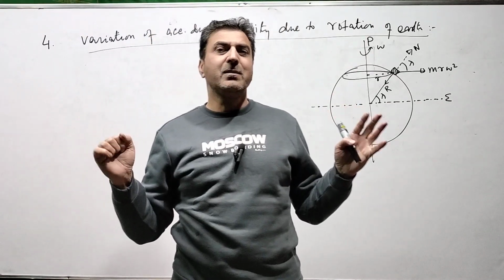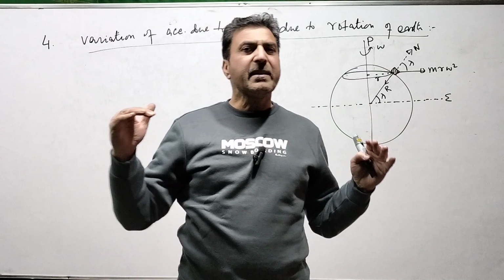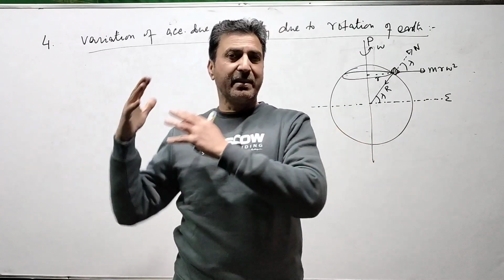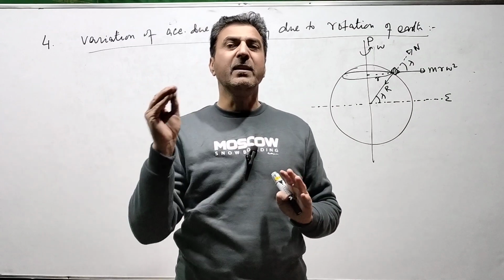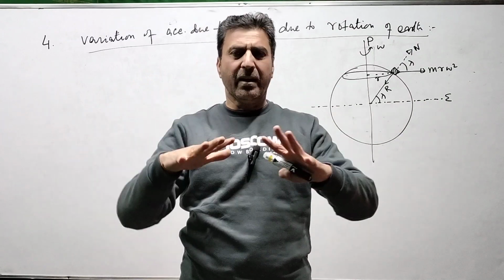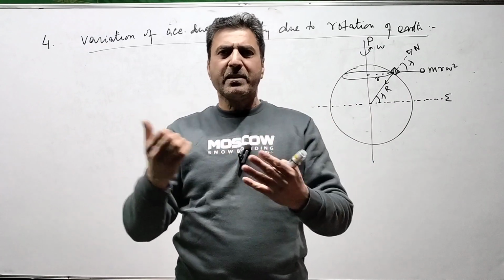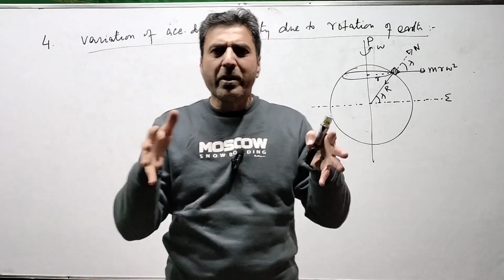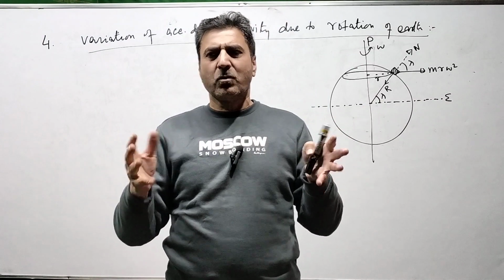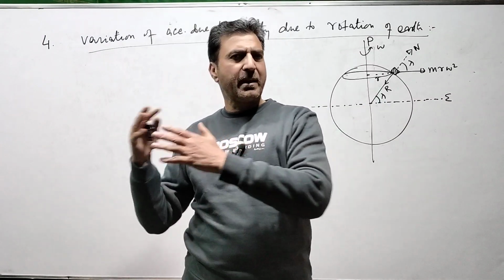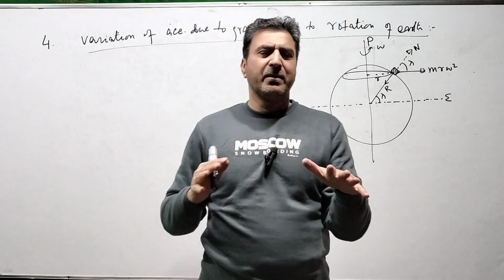But when you are moving in a circle, you need a centripetal force to move in that circle, if you are outside the Earth watching the object moving on Earth. But if you are on the Earth itself, then for you there is a centrifugal force, because you are in a rotating frame of reference. So it depends whether we want to solve the problem outside the Earth or on the Earth.